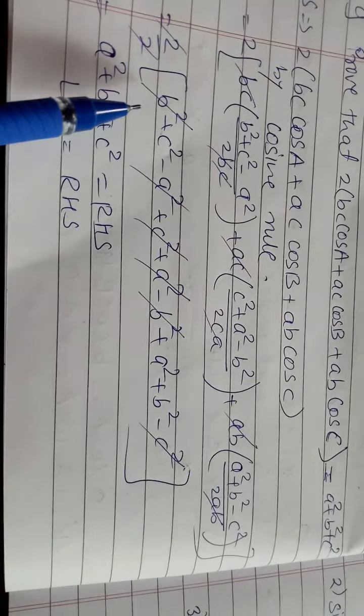The remaining terms are a² + b² + c², which is nothing but our RHS. So it is a very simple example; we just have to keep in mind that we use the cosine rule, since in each term we have cos a, cos b and cos c.